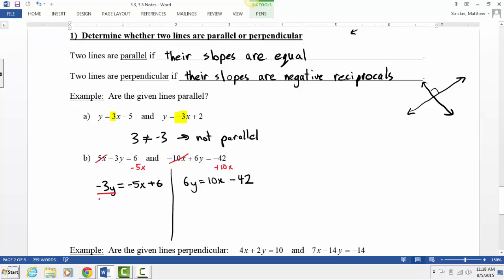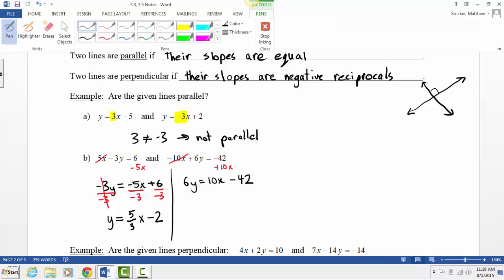We still don't have y by itself in the first line. That means we need to divide everything by -3 to cancel those -3s. They divide out, which leaves us with y equals negative divided by a negative is a positive 5 over 3x, and 6 divided by negative 3 is negative 2.